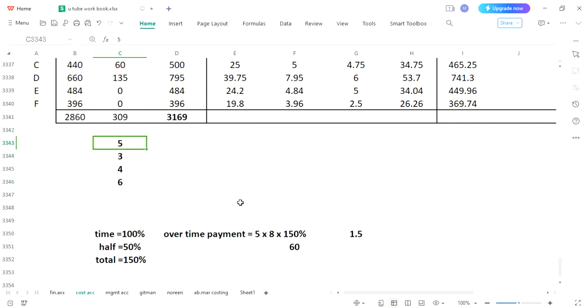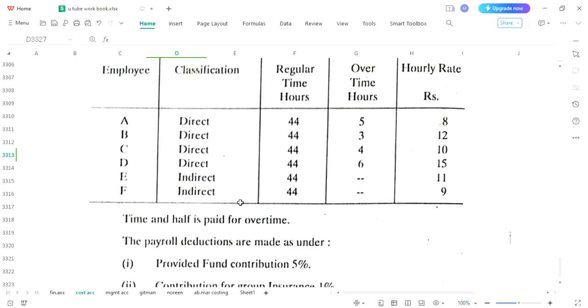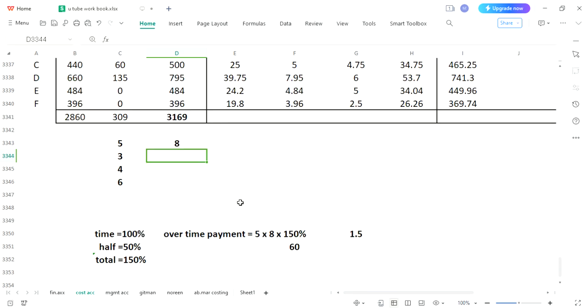Per hour rate was 8, 12, 10, 15, and the factor which you will use would be only 0.5.